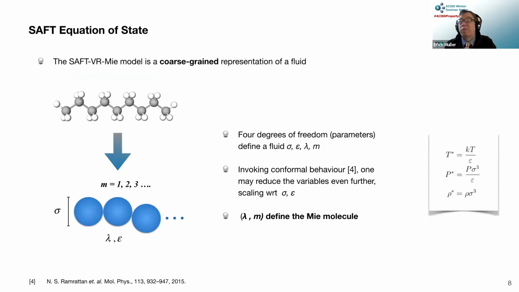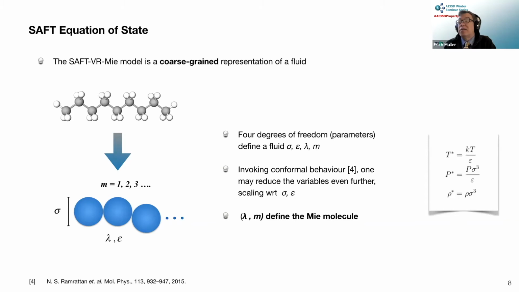So in principle, there would be 4 degrees of freedom for each particular molecule or fluid. But one thing that we can do with a model like this one is invoke a conformal behavior, or the corresponding states principle. And with that, we can actually reduce the variables with respect to the energy scales and the distance scales.